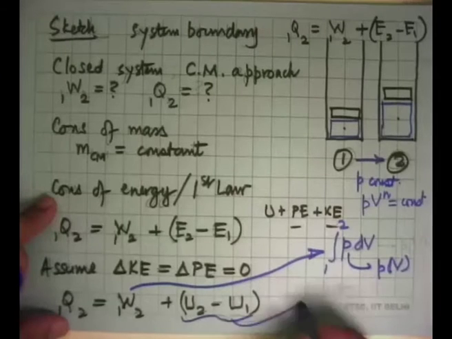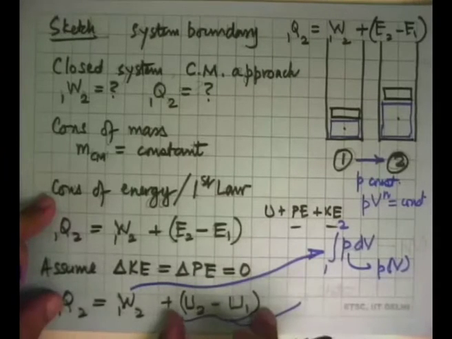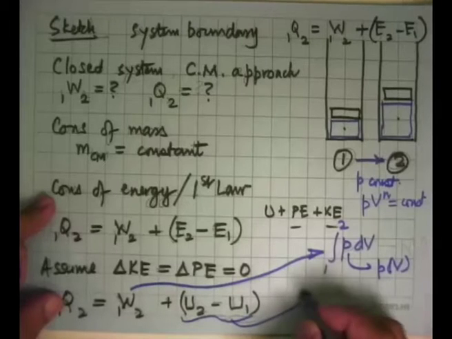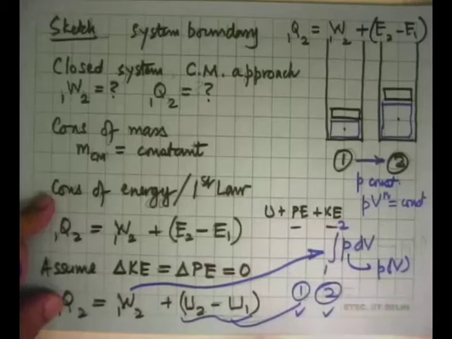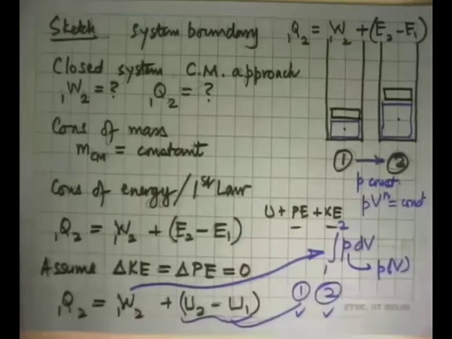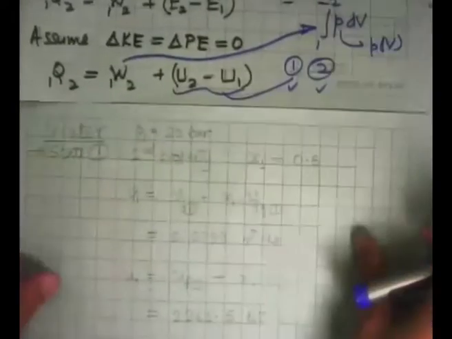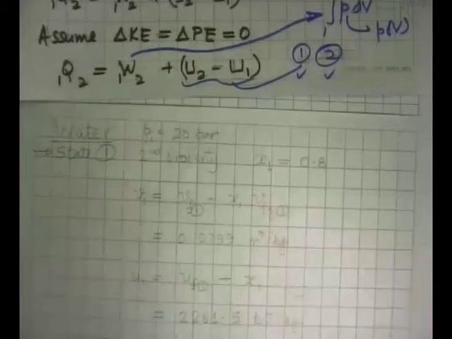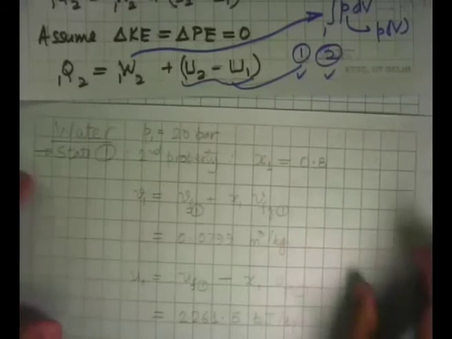Then we say, well, how do we calculate? So that will give us the work, but to calculate heat, we need to calculate this term also. And for that, we need to know fully states 1 and 2. We need to know all the properties in these two states. So let's see what we know about the states. To do that, we need to know first what is the working substance.